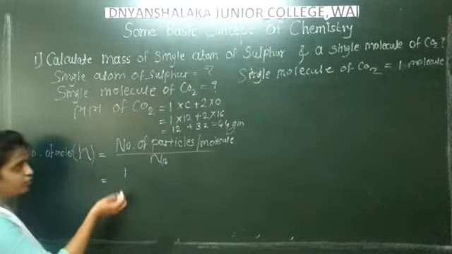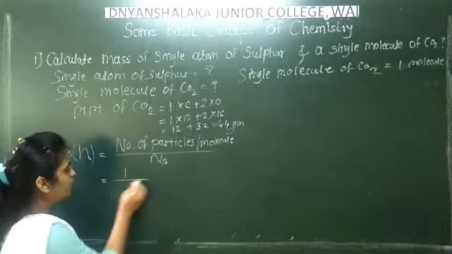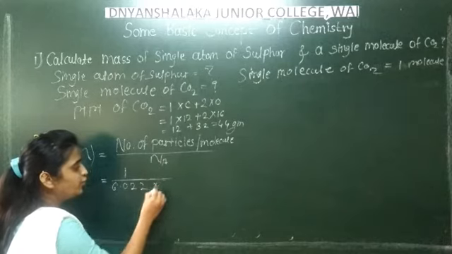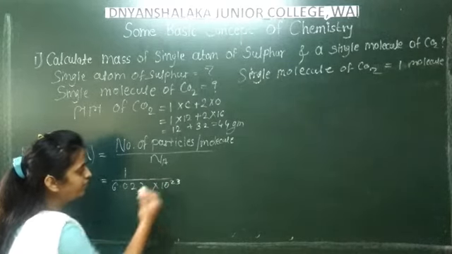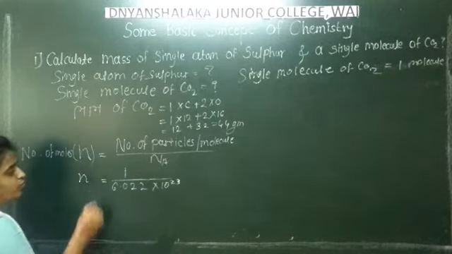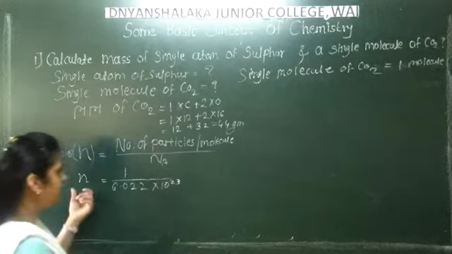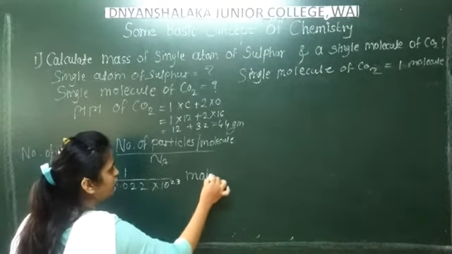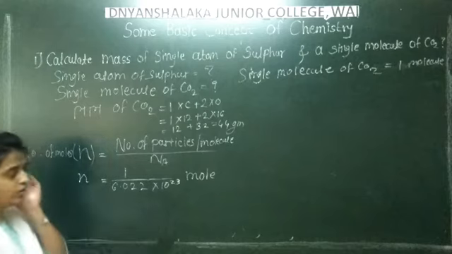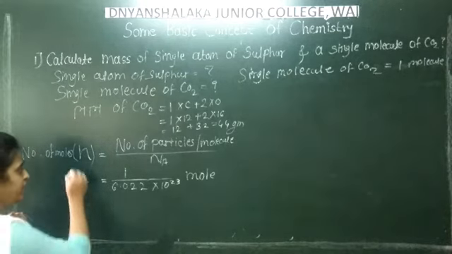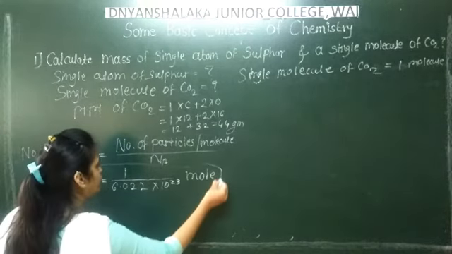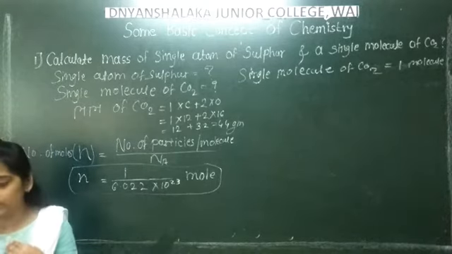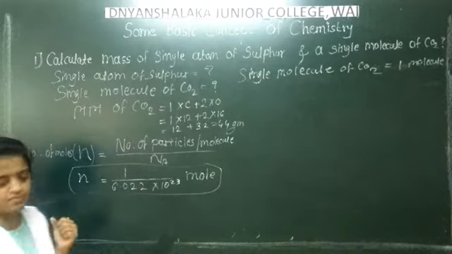Putting this value in the formula, 1 upon the Na value 6.022 into 10 raised to 23. We get the number of moles of carbon dioxide, and the unit is mol. Using the number of moles, we have to find the mass of the substance.